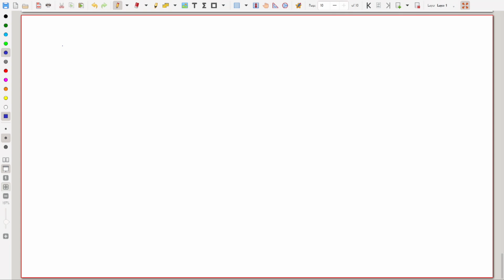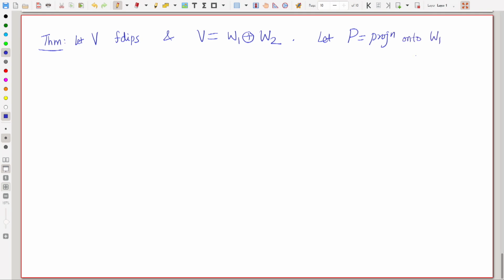So here is my theorem. V is a finite dimensional inner product space and I have two subspaces W1 and W2. Consider the projection, let P be the projection onto W1 along W2.